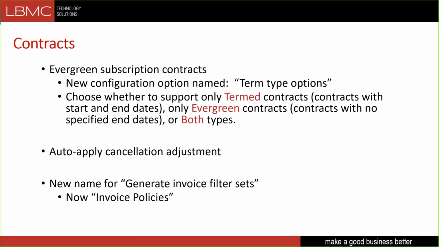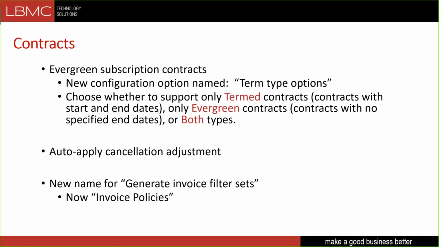And then finally, the last area is just a change in naming. Previously, there was a menu option for generate invoice filter sets. So this was when it came time to invoice off your contracts, you would select that option and then select your filter criteria for what invoices you wanted to produce that day.